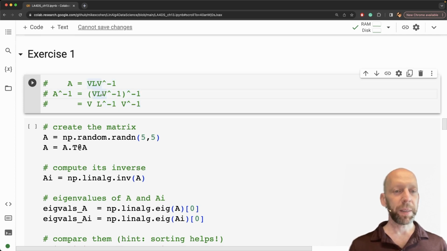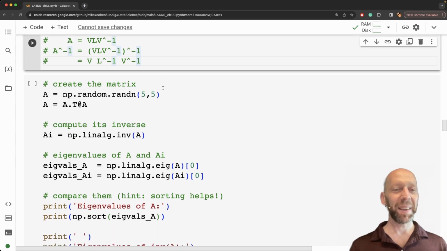So the first matrix is V inverse inverse, which is just V. And then we have lambda inverse, and then we have V inverse, and that's this V inverse here. And then what you can see is that the right-hand side of the equation is basically identical to the right-hand side of the equation here for A, except that we have lambda inverse in the middle. So that's the proof. It's pretty nice and simple.